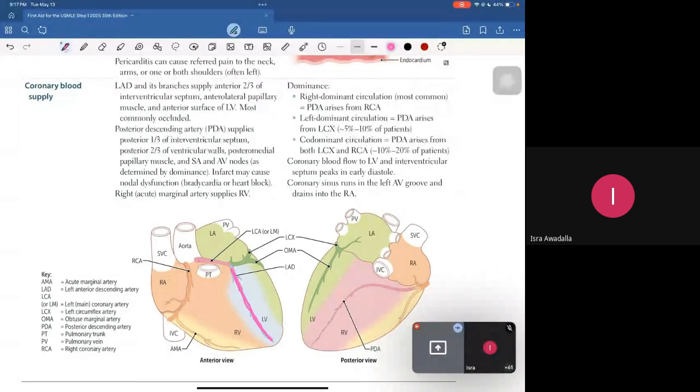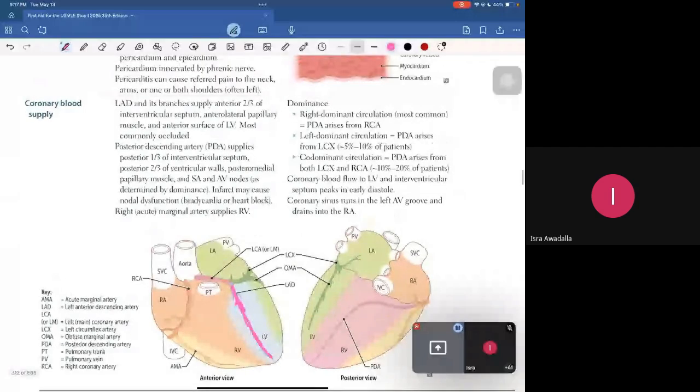So the anterior two-thirds of the interventricular septum and all of the anterior surface of the heart is supplied by the left anterior descending. This artery is most commonly occluded. And when this artery is occluded and causes myocardial infarction, almost all of the front of the heart is damaged. And when that is damaged, the patient has very bad ejection fraction and the heart's function becomes very worse. And that leads to devastating outcomes, right?